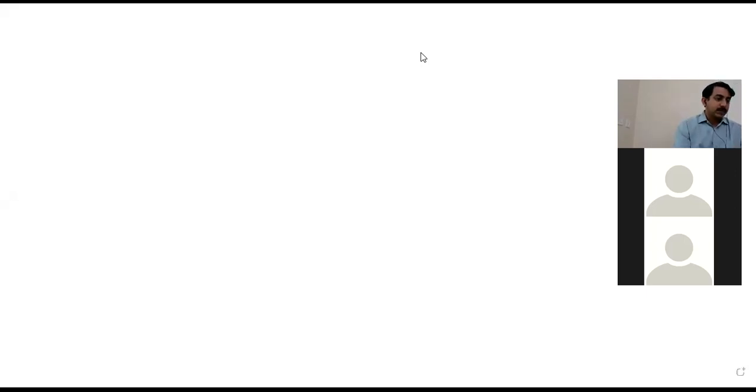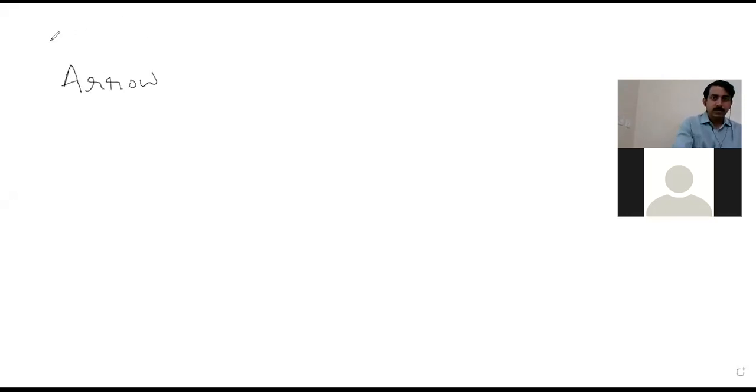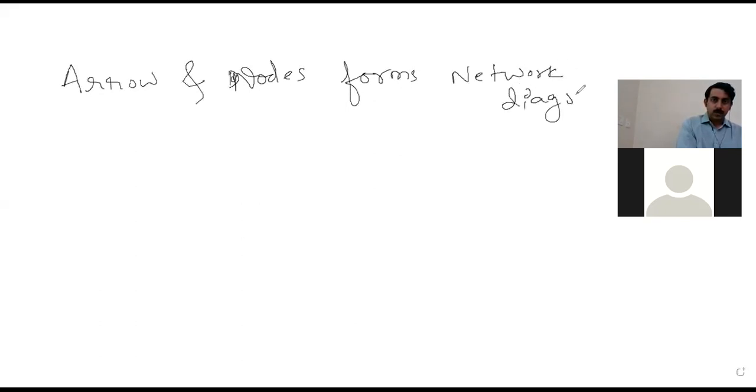Before we start with the network diagram, these are the basic concepts we are supposed to understand about network analysis. First, network analysis actually consists of arrows and nodes, which form the network.